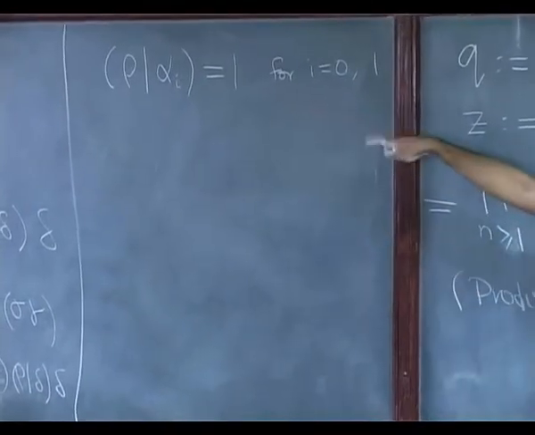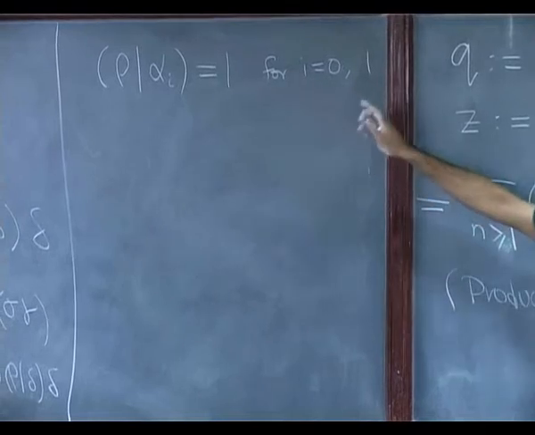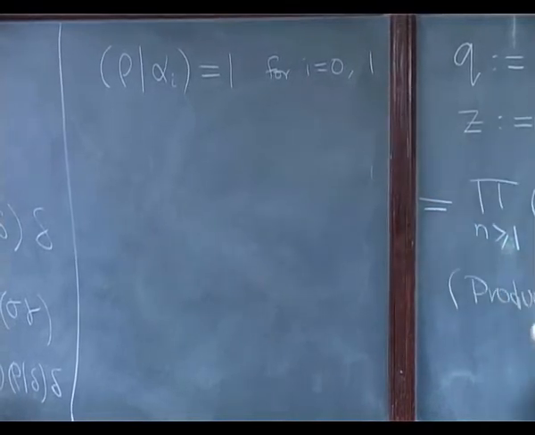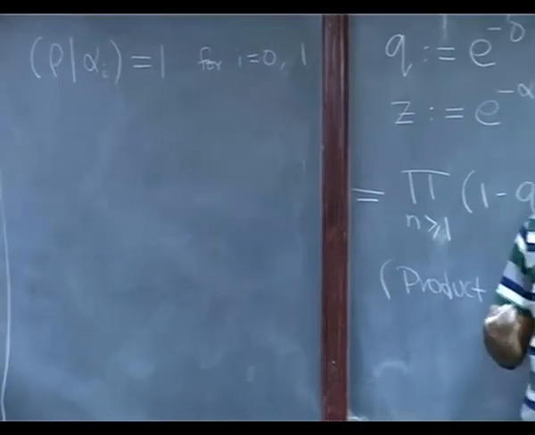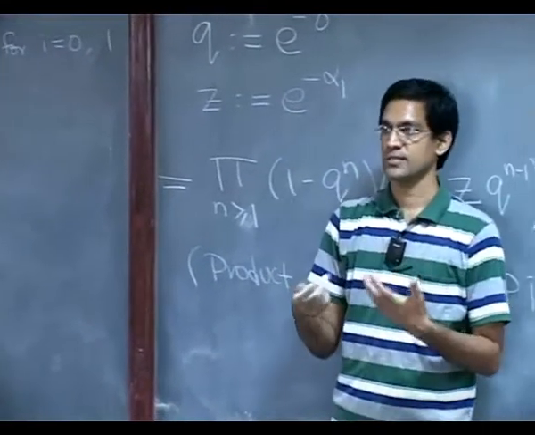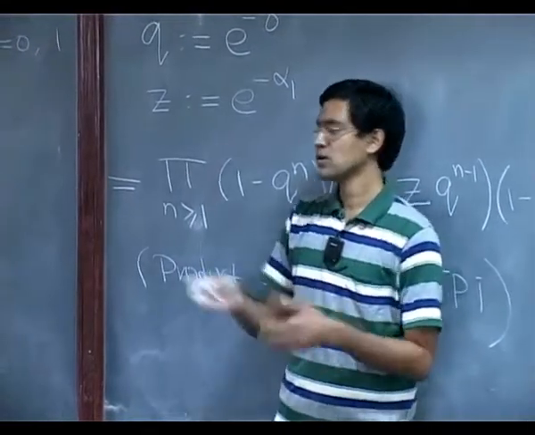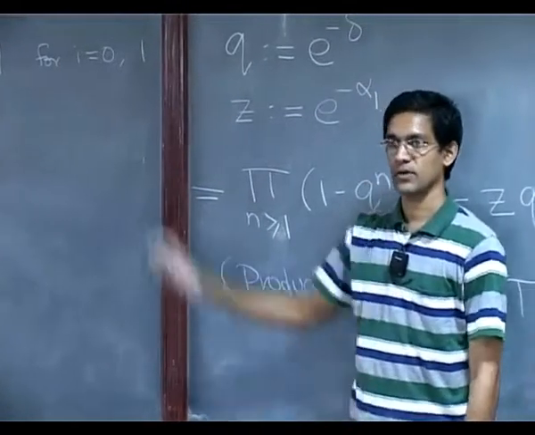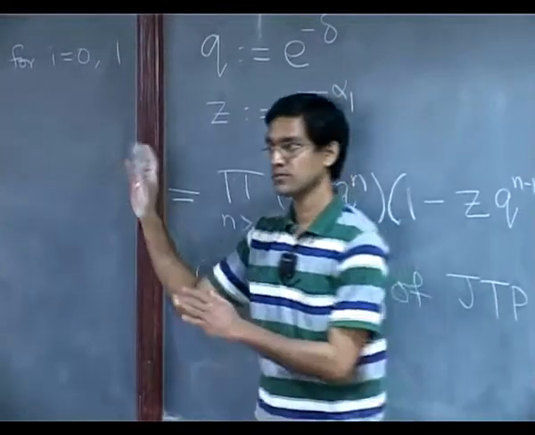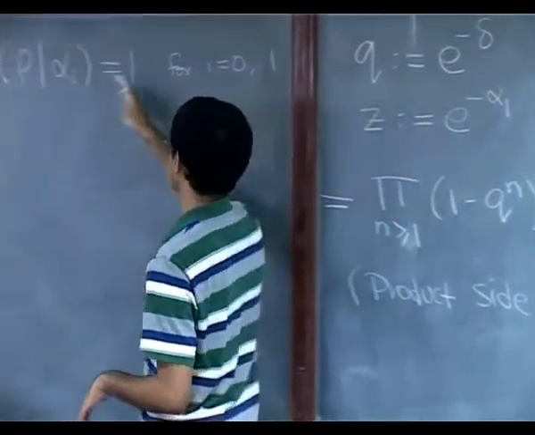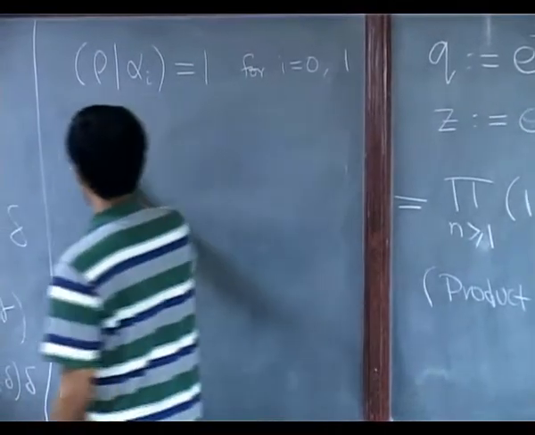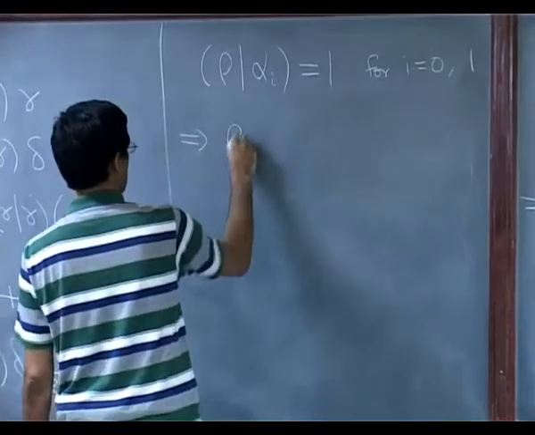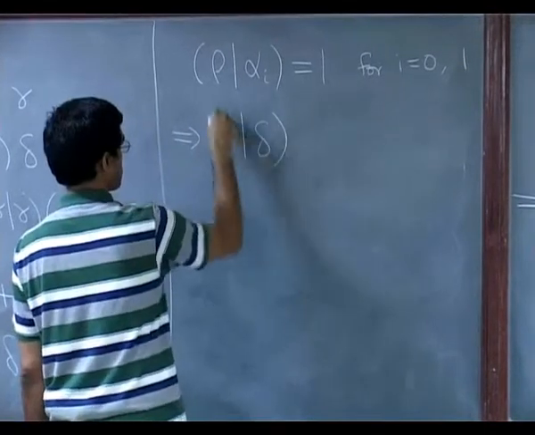I should actually put a check there, but in this case, alpha 1 has norm 2. And similarly, alpha naught, if you compute, also has the same norm. So they are both of norm 2, so I can just forget the 2s there. This is an equivalent description of rho. So check this for yourself. Rho alpha i is 1 for i equals 0 and 1, and this implies that rho delta is 2.